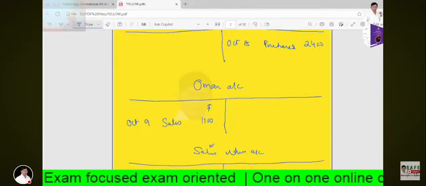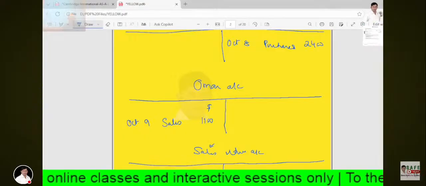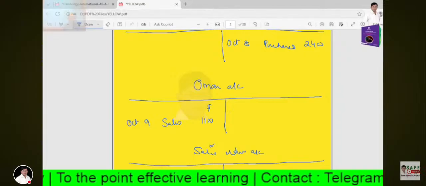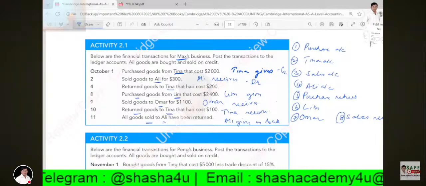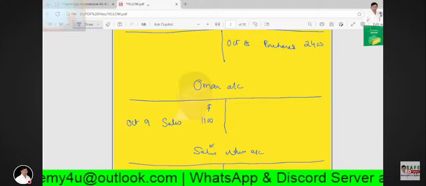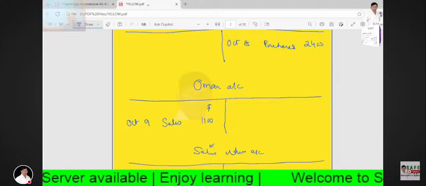So here the amount will be here and Ali, on October 11th. And what is the amount? Sold to Ali, 300. So you have to write 300.